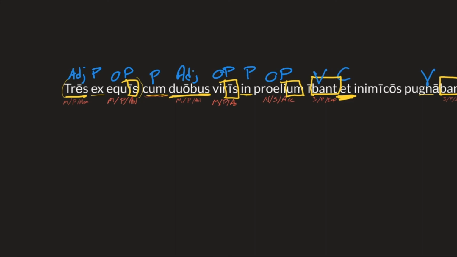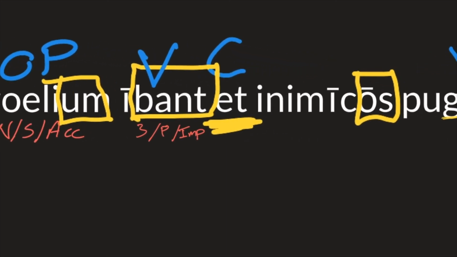In the second half of the sentence, we really only have one word to deal with, and that's the word inimicos, which means enemy. That's not surprising. So when we come to parse that, we're going to recognize, first of all, that this is a second declension masculine word. The only place we actually see that os ending is in the second declension masculine. It's going to be masculine, plural, accusative. If you go through your chant, us, e, o, e, orum, is, os, is. There's the os.